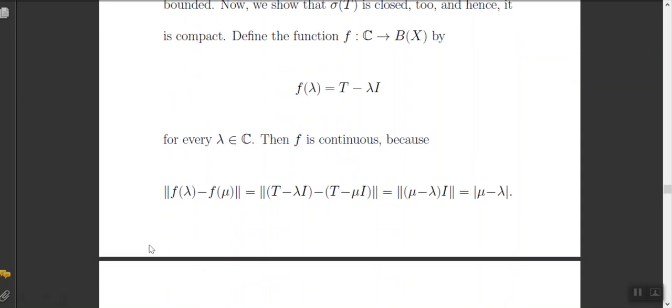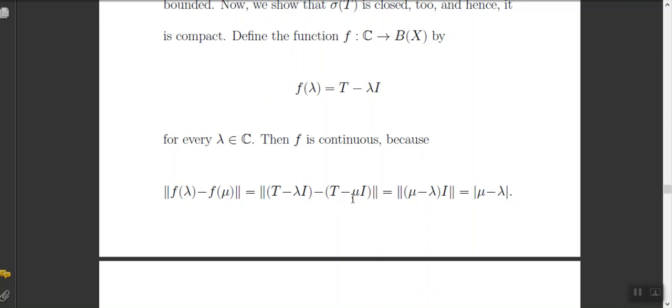Why? Look at here. The norm of f of lambda minus f of mu: T minus T is 0, so we are left with mu I minus lambda I. This is easy to see.